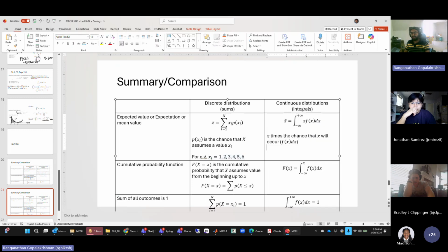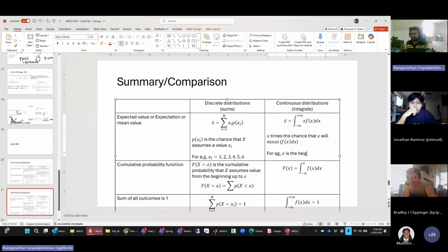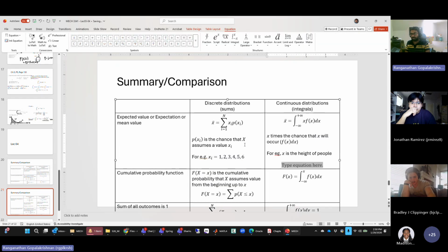In the case of, let's say, x being the height of people, where x can take continuous values, typically from 4 feet to 7 feet, it can take all possible values. So there is no point in denoting any one value of x. We just use the symbol x to denote all the continuous possibilities from 4 to 7. That makes sense? Yes, thank you. Okay, thanks.